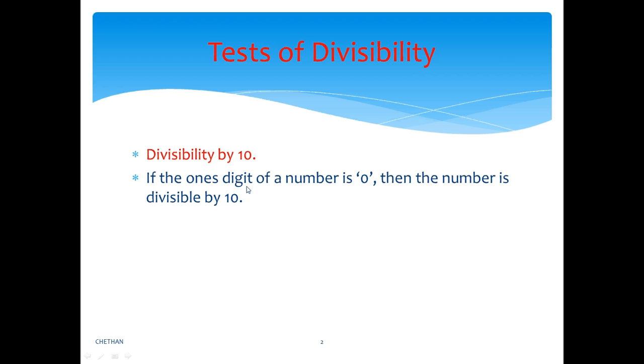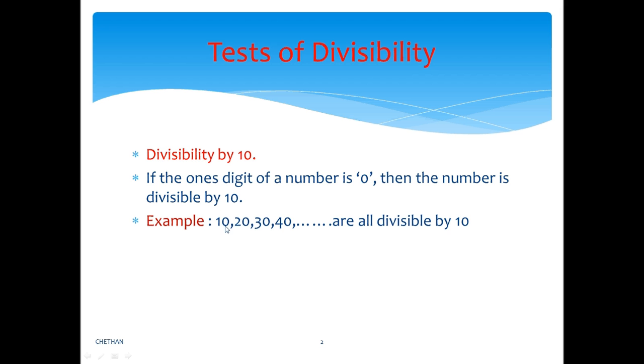The ones digit means the unit place. You already know unit place, 10s place, 100s place, etc. So on the basis of that, if any number is given, we check the number's unit place. If the unit place is 0, then the number is divisible by 10.